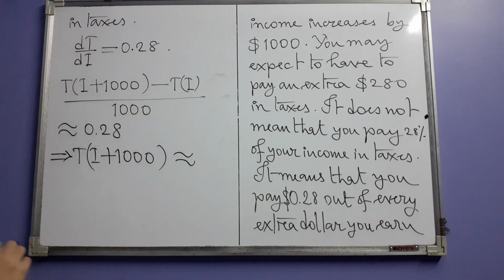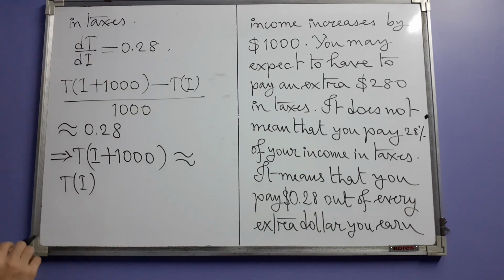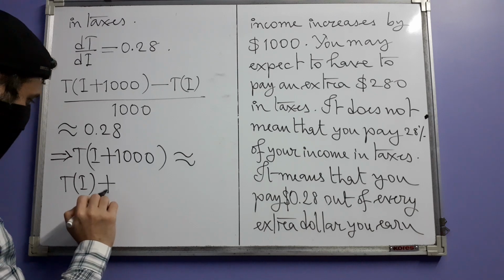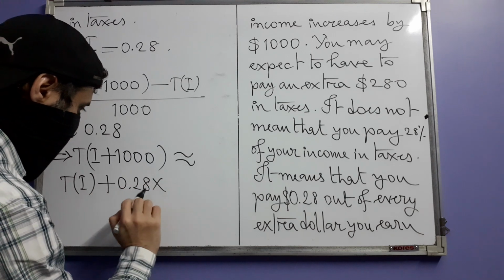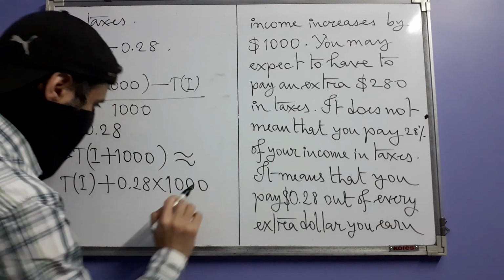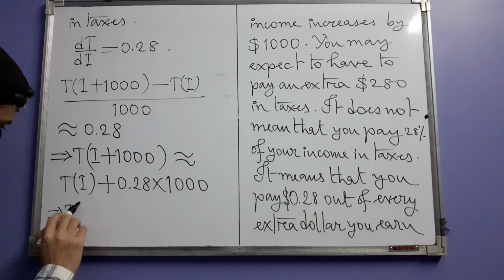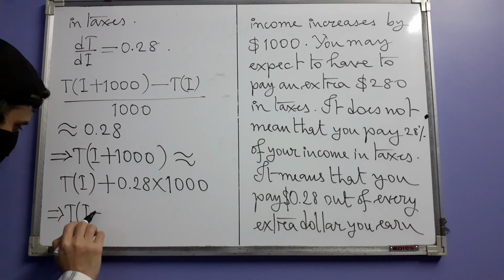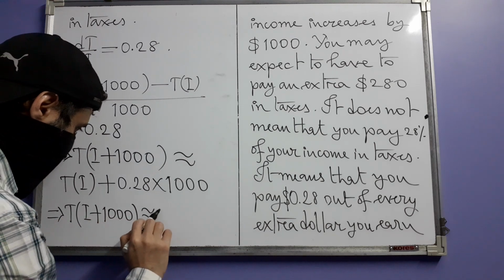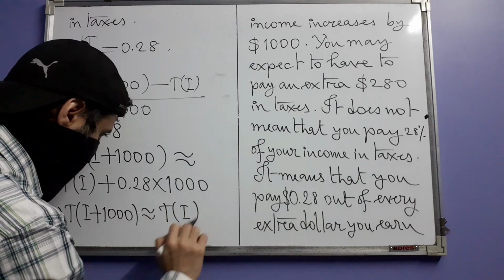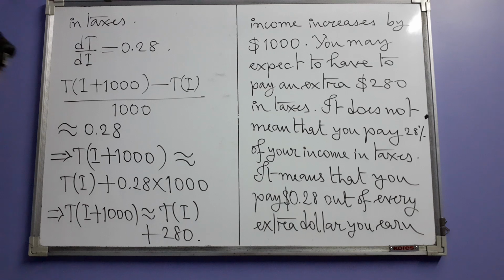This is approximately equal to T of I plus 0.28 times 1000, or T of I plus 280.